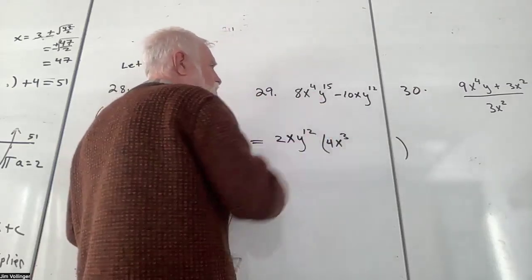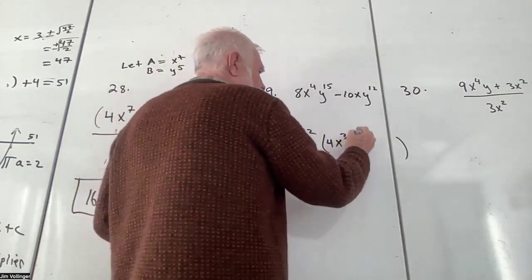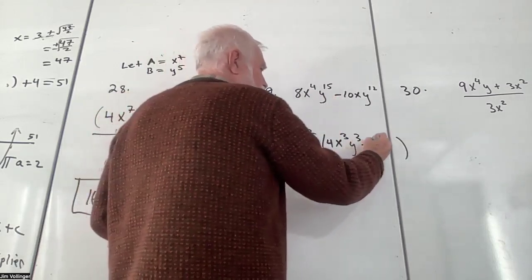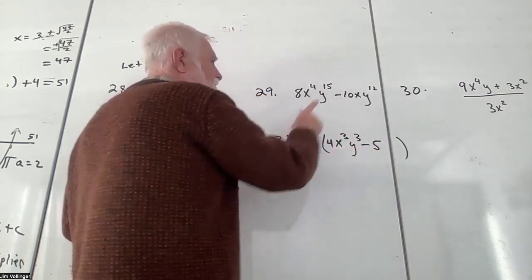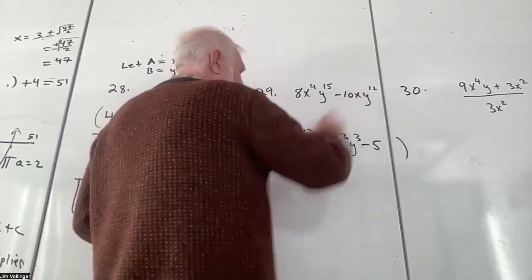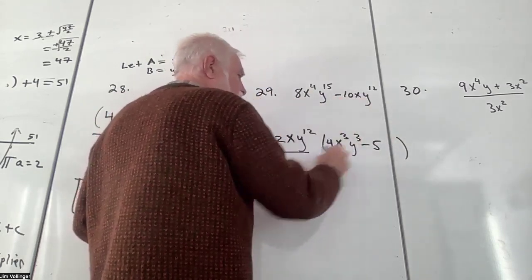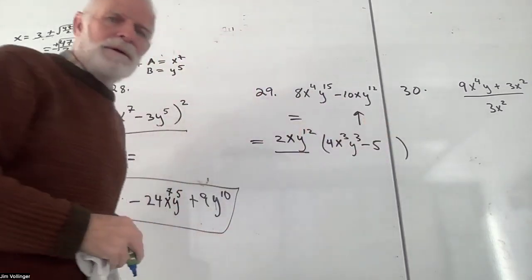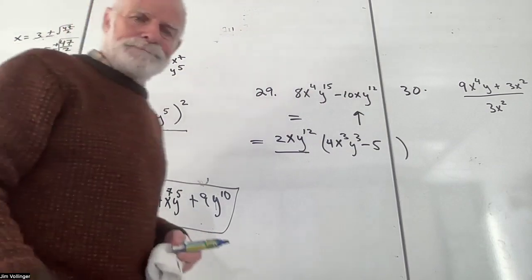Y to the 12th times what is y to the 15th? I think y cubed gets that done. 2 times what is minus 10? I think minus 5. X is already there, so this gets it done. Y to the 12th is already there, so if I multiply that times this, I get that, and I can put that there with, I hope, confidence.